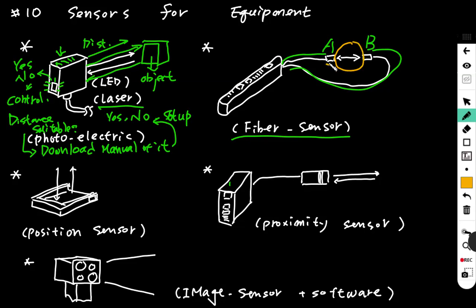Fiber A ejects the optical power out to fiber B, and fiber B receives the optical power and sends the message to the controller.